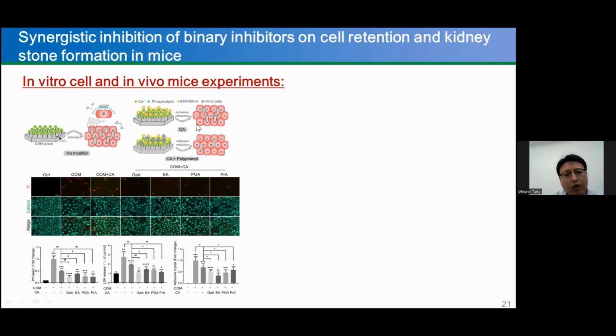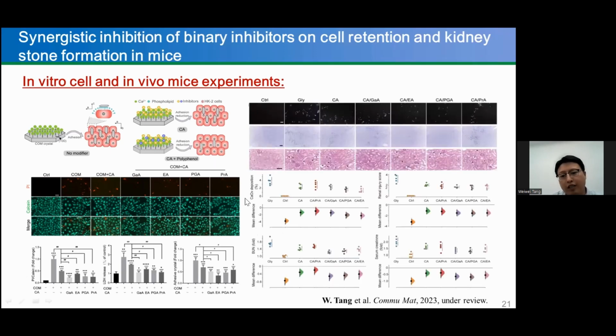So here, as you can see, the combination of CA and polyphenol inhibitors can significantly reduce the adhesion of calcium crystal to the renal epithelial cells, and that shows this significant synergistic characteristic on the suppression of calcium crystal adhesion. Besides, we also observe a synergistic reduction in calcium oxalate deposition in kidney and the renal injury in mouse.